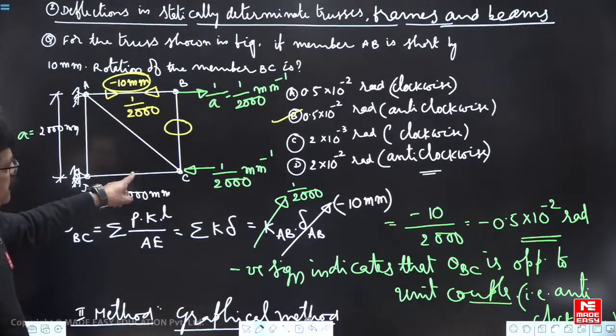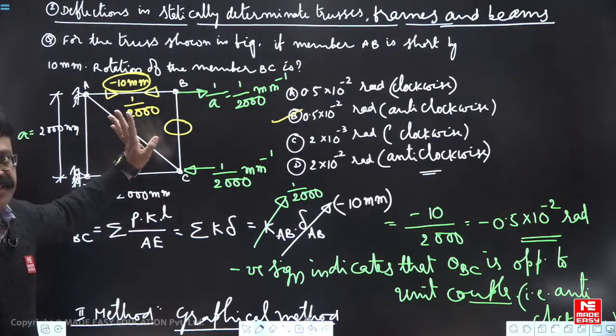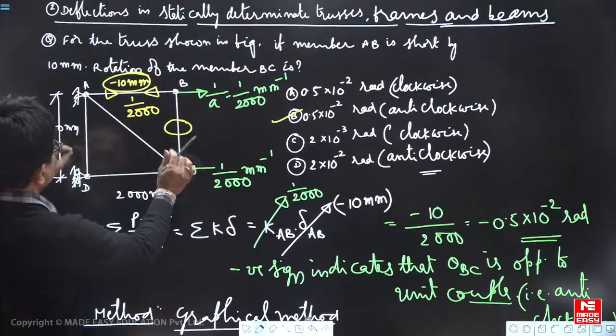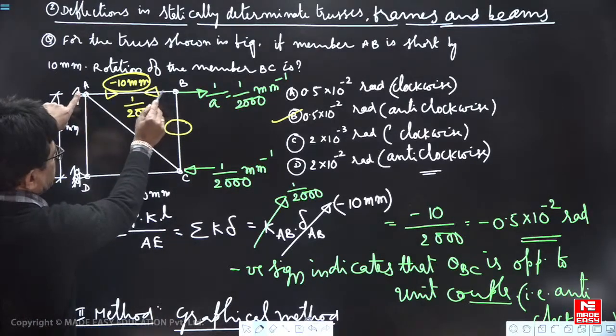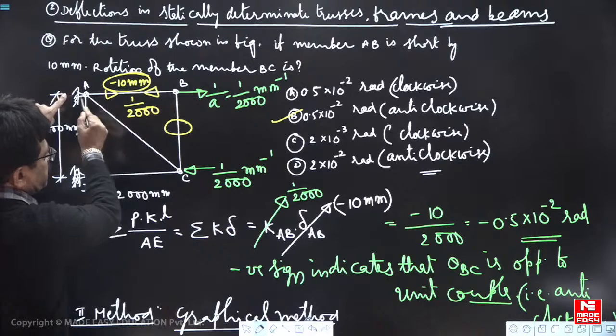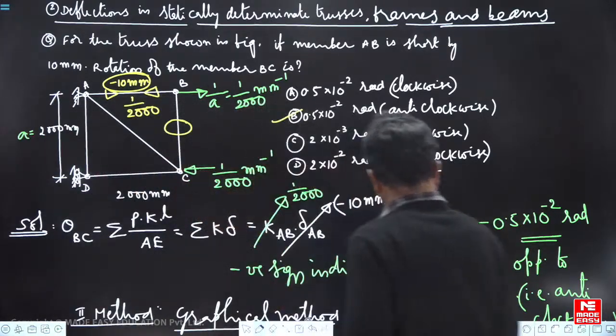He doesn't tell anything about B, DC etc. That means it's not moving in any direction, it's as it is. So when you stand here, look at B, 10 mm short means B moves leftwards, C will remain there only.